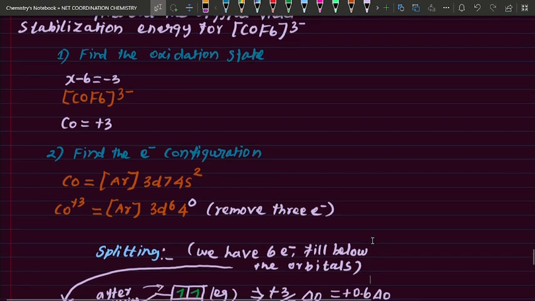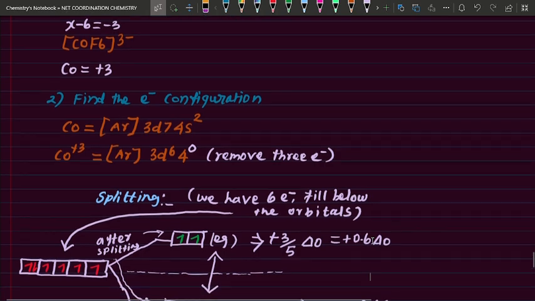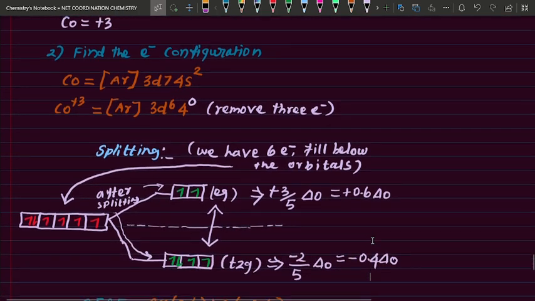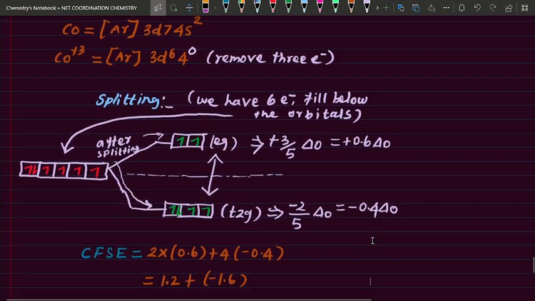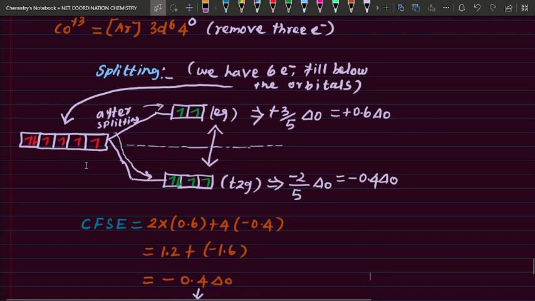Splitting, see the splitting. Here see these orbitals. So we get 6 electrons only. So fill the 6 electrons: 1 2 3 4 5, 1 2 3 4 5 6.